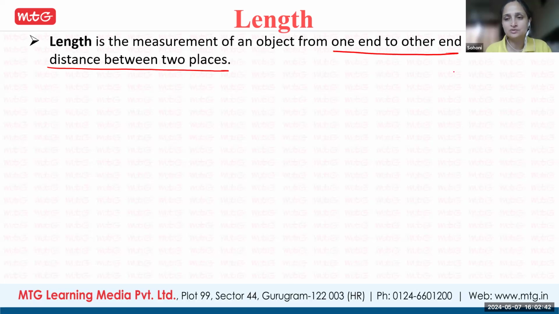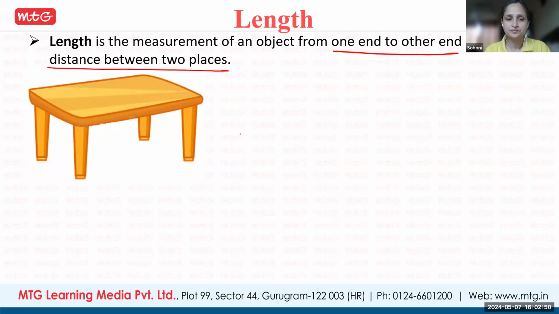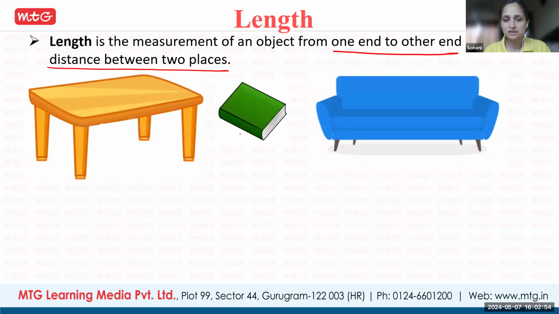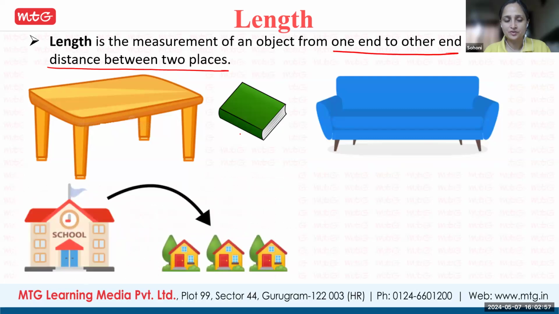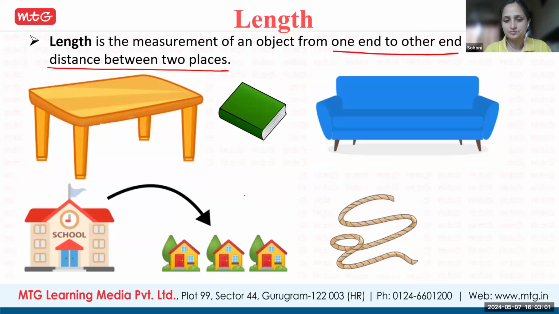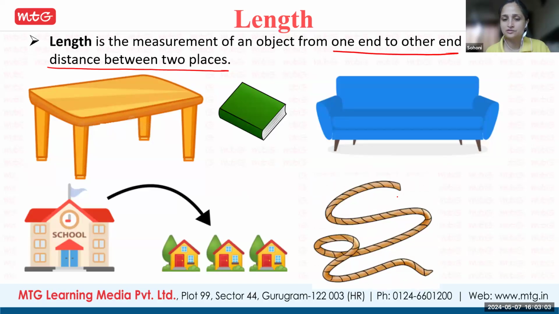Like the distance between your home and your school, that is also length. So this is a table, a book, sofa, distance between school and home, or the length of the rope. So all this we can measure the length.